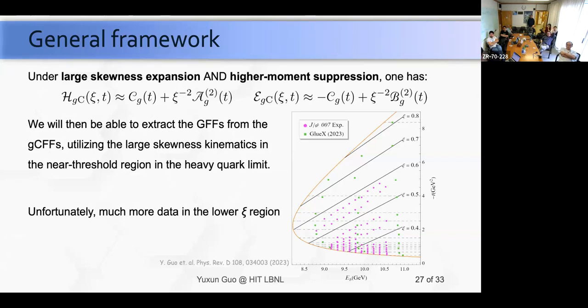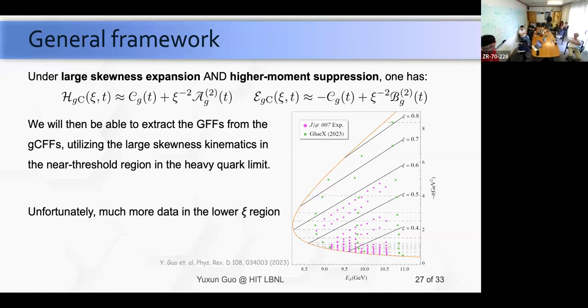However, if you look at any experiment, you know that most of the events will be in the forward region, which has low momentum transfer. This is the kinematic plot, a very similar plot to the one I showed before, but all the dots stand for one experimental data point. You will find that most of the data has C less than 0.4, and a huge chunk of them has C less than 0.5.